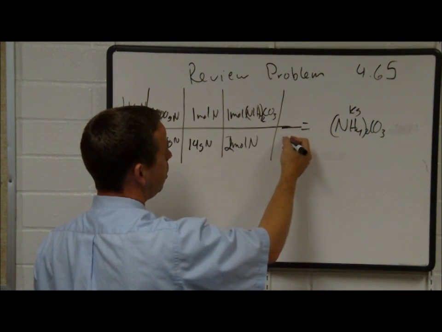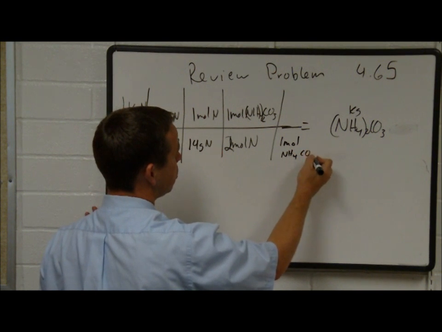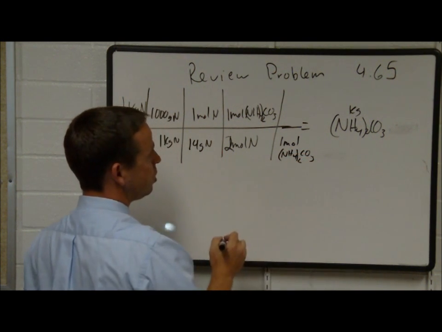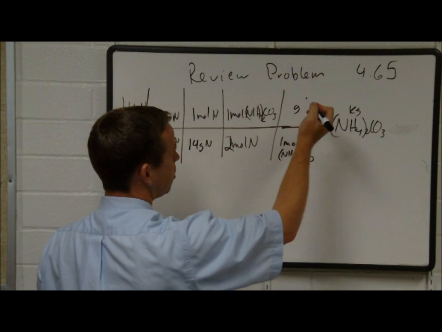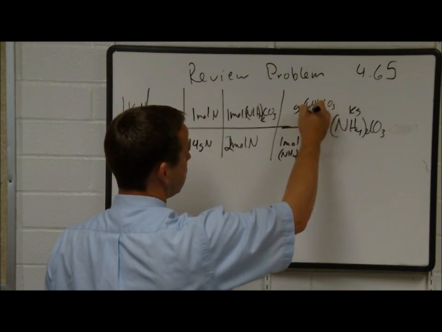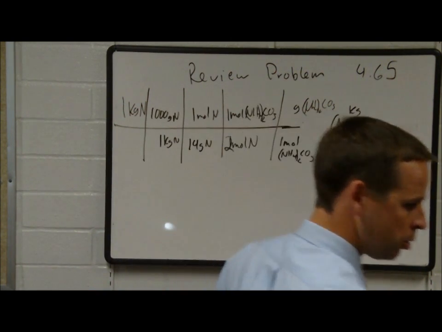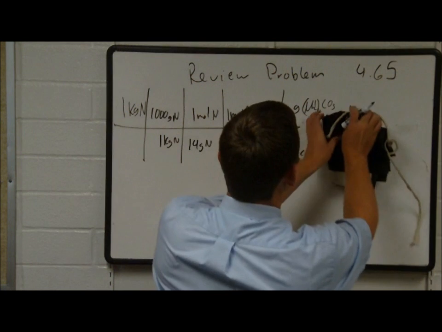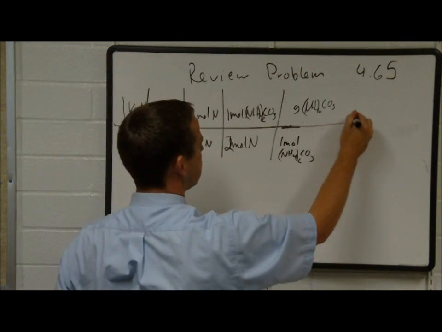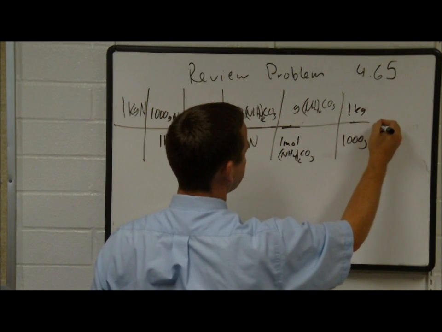So for every 1 mole of (NH4)2CO3, how many grams of (NH4)2CO3, and then we also have to get that to kilograms. There's 1,000 grams for every 1 kilogram.